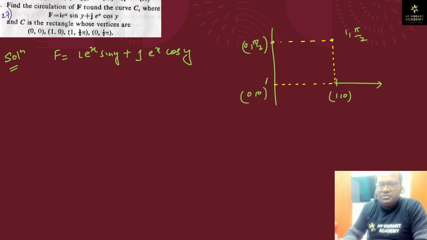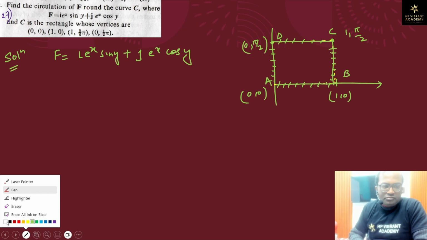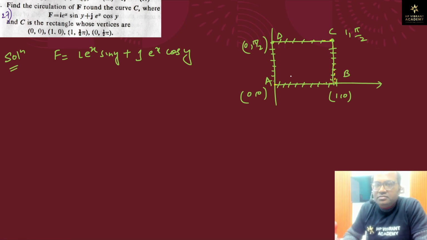Okay, so let us name this as A, B, C and D. So along AB we have y is equal to 0 and dy is equal to 0. Along BC we have x is equal to 1, dx is equal to 0.